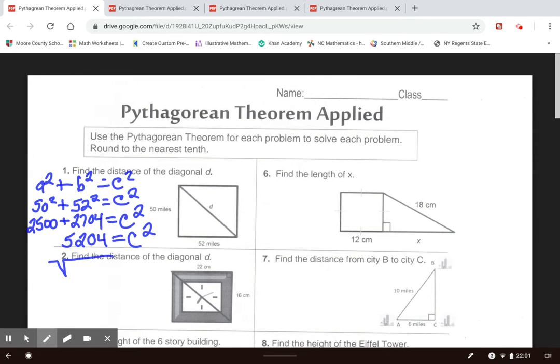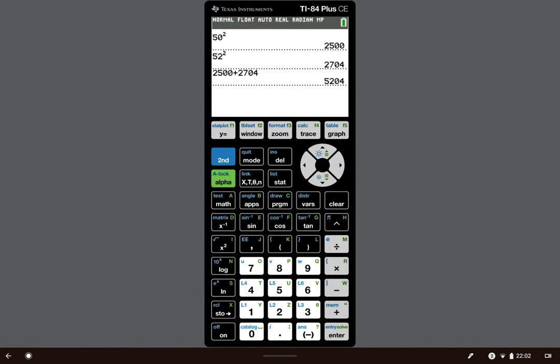So the next thing I do is find the square root of both sides, and that way I can isolate my variable c. Second function key, square root.